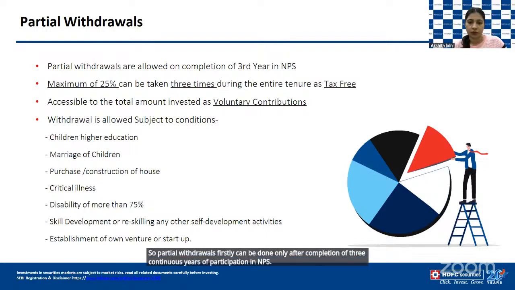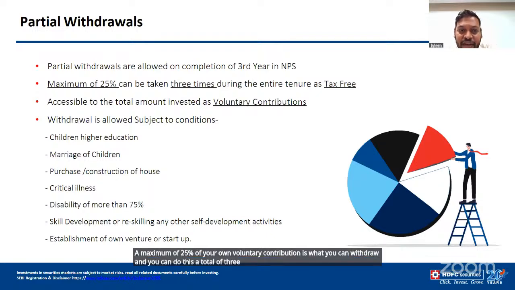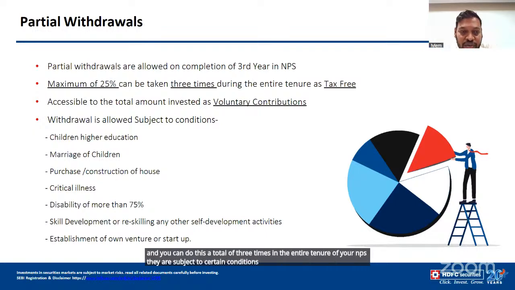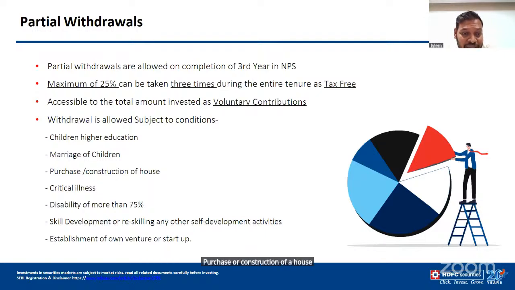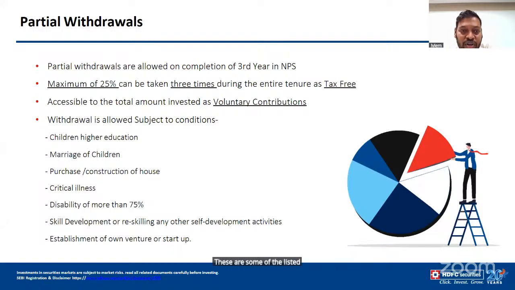A maximum of 25% of your own voluntary contribution is what you can withdraw, and you can do this a total of 3 times in the entire tenure of your NPS. They are subject to certain conditions: children's higher education, marriage of children, purchase or construction of a house, as well as skill development and establishment of your own venture. So these are some of the listed conditions under which a partial withdrawal option can be exercised.